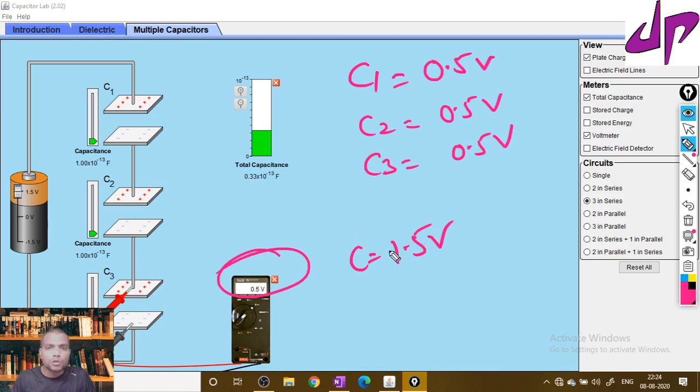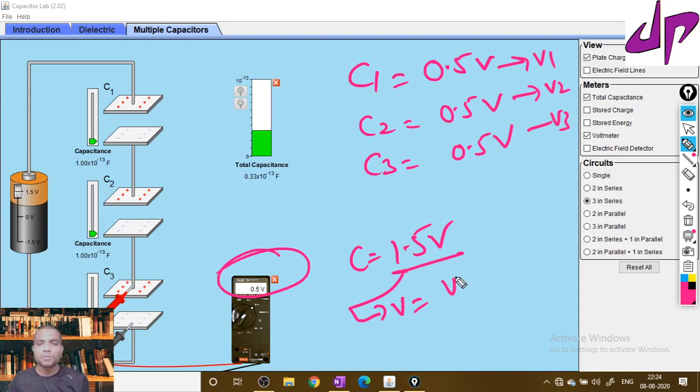Now what is the total potential? If V is the total potential, and we call these V1, V2 and V3, the total potential applied equals the sum of the individual potentials at each capacitor: V1 plus V2 plus V3.